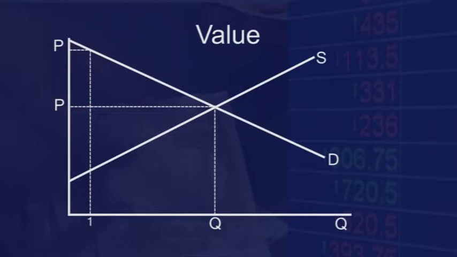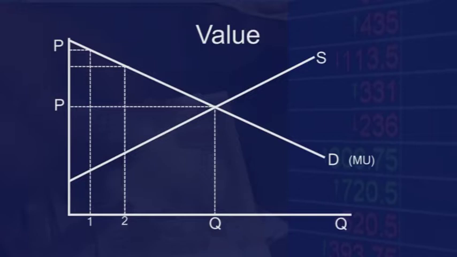But if you're going to buy a second unit, you're going to have a lower price for it because the extra utility, the marginal utility that you get from the second unit, is lower. If you as a consumer are going to buy more of a good, the price that you pay is going to have to be lower because the demand curve reflects not the total utility, but the marginal utility of the good.